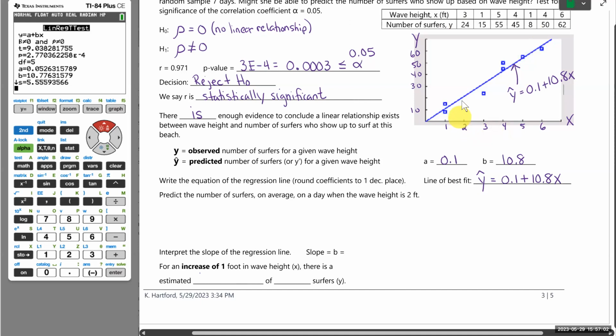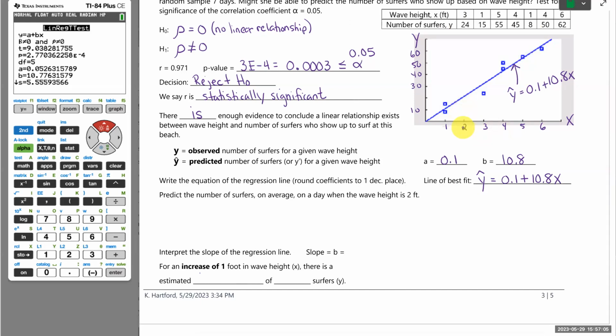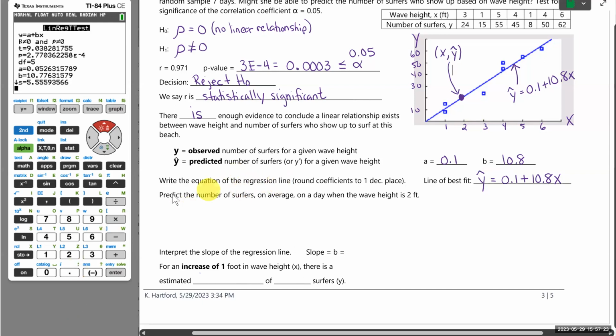So where x is 2, the value on that line. So any value on the line is represented by x, and then our y hat, our predicted value. All right, so let's take care of that. So there's the regression line.